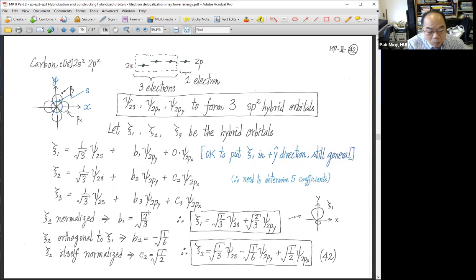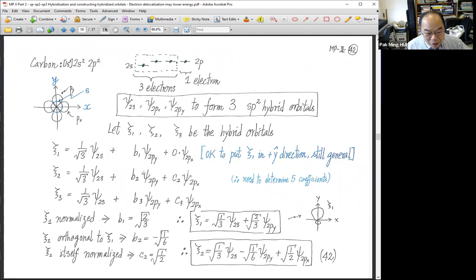Once psi 1 is fixed, use the orthogonality requirement. You dot psi 2 into psi 1. Obviously, you better do it once without knowing a priori all the tricks. But if you think about it, this will multiply into that. The 2s is self-normalized, but when this multiplies into that, you do an integration inner product that will be 0, right? Because it is the same atom, different atomic orbitals.